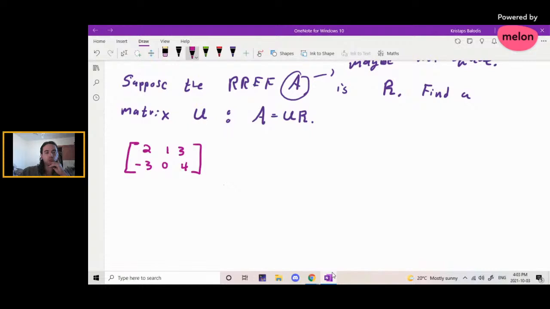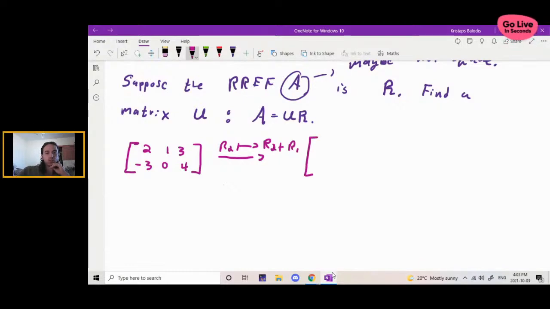So at this point, we should all be pros at doing this, basically. So what I might do first is I could take row 2 and simply add row 1. So go row 2 plus row 1.